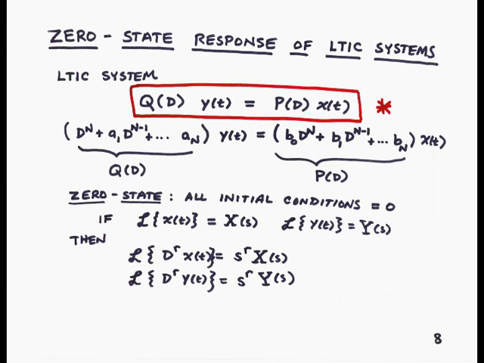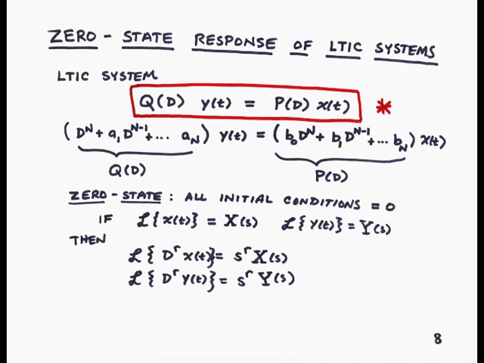So now let's look at the general case of the zero state response of a linear time invariant continuous time system governed by a differential equation. This LTIC system has the following differential equation written using the differential operator: Q(D) y(t) = P(D) x(t), where D is the differential operator.